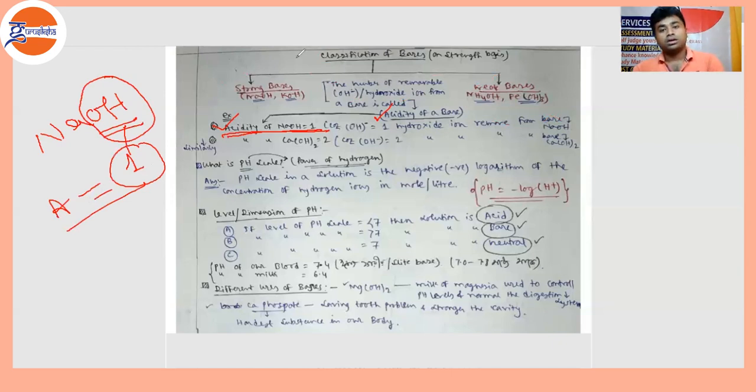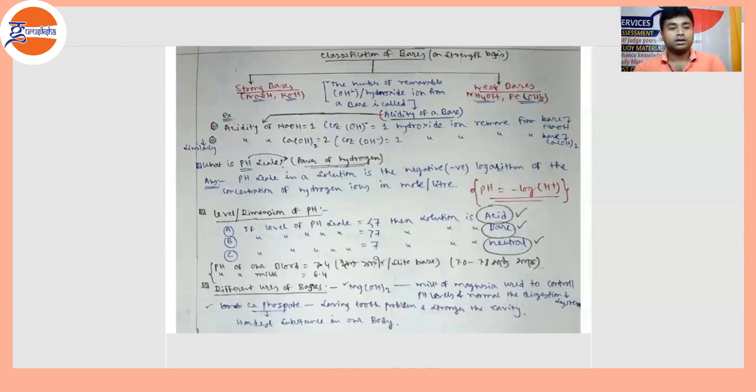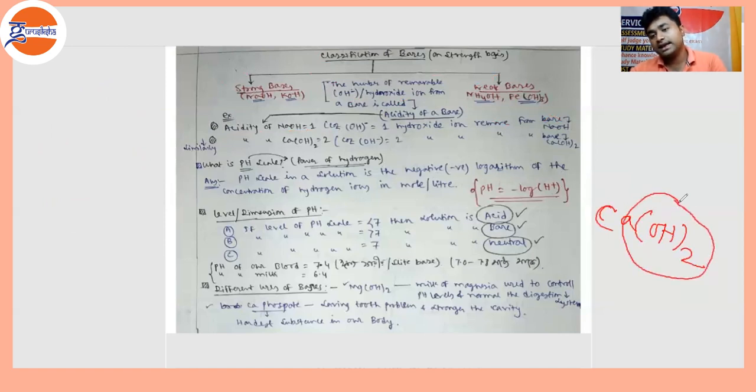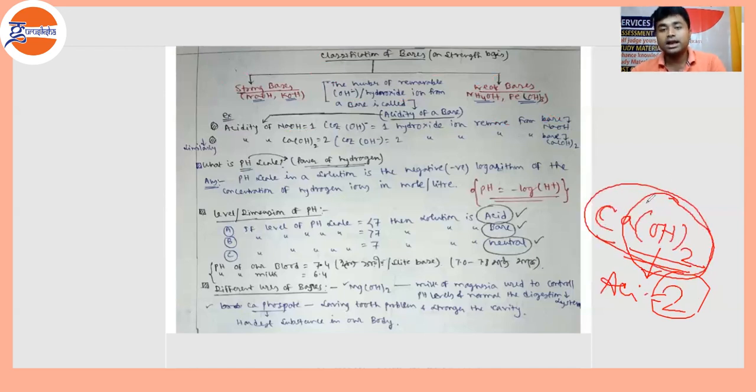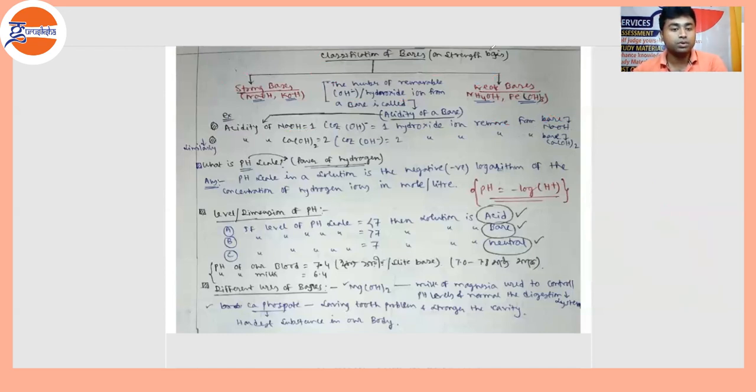Now suppose another example is Ca(OH)2, in which you can see that this base has 2 OH bonds. That means definitely the acidity of this base is 2. So the acidity of calcium hydroxide is 2, and the acidity of sodium hydroxide is 1.